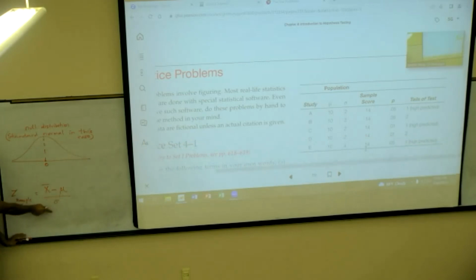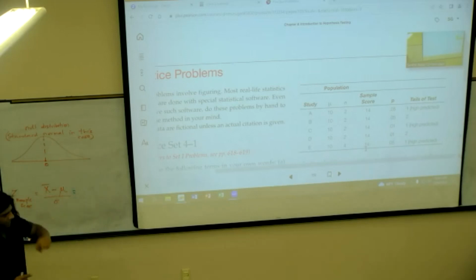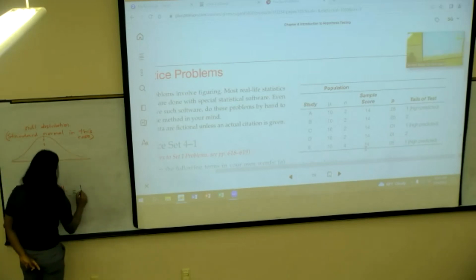So we have mu, we have sigma. What is the value of the mean for the sample in study A? They've given us the sample score to be 14.